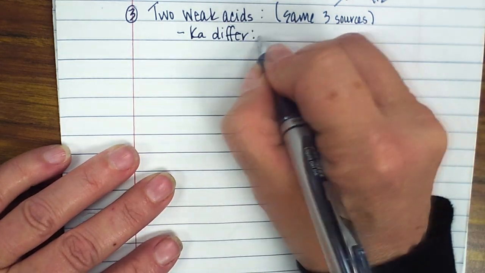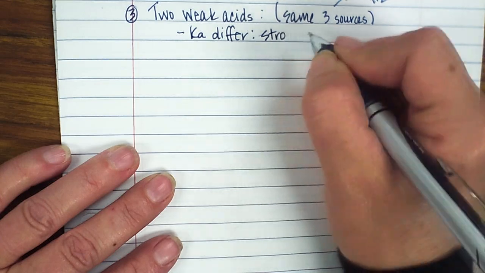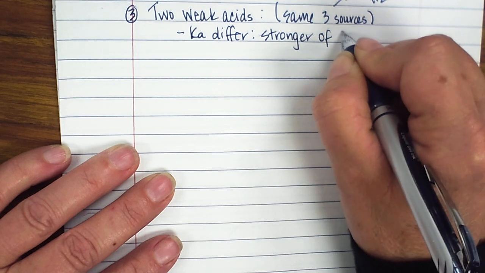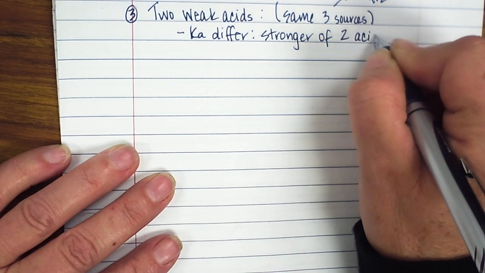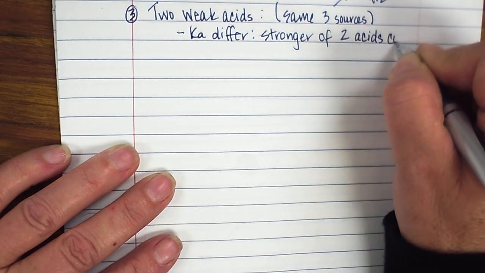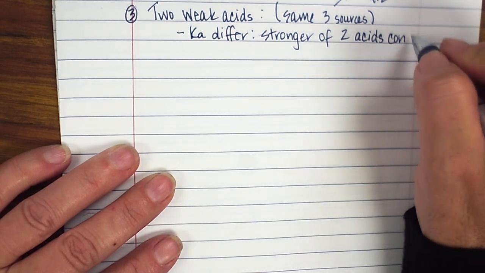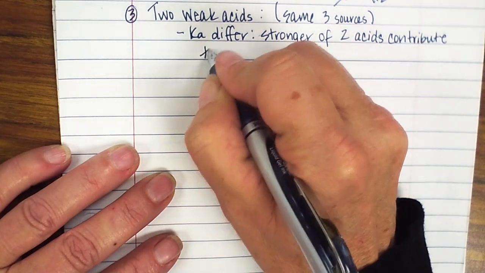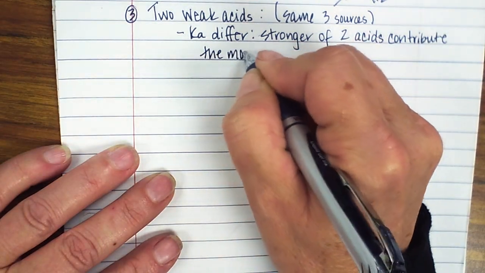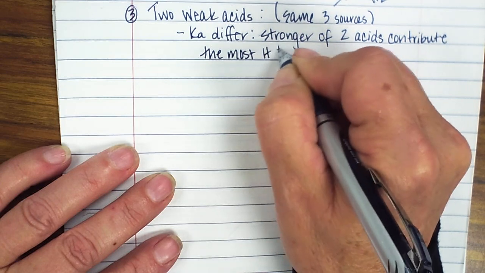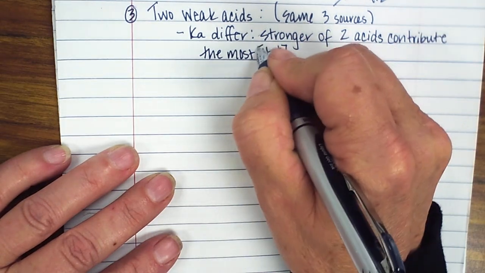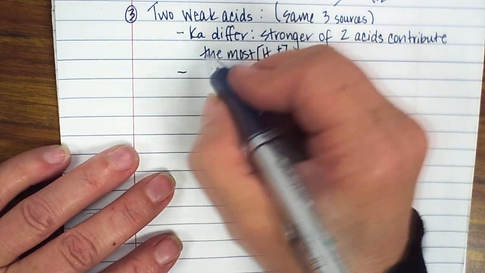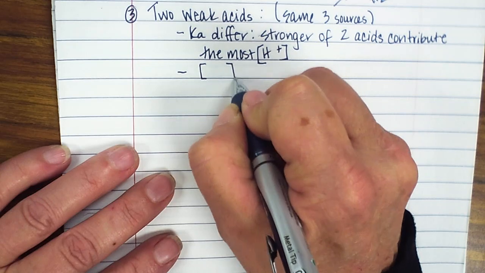And then the stronger of the 2, which is the higher Ka, will contribute the most H plus. And so for the most part, you're going to take the concentration of the stronger one.